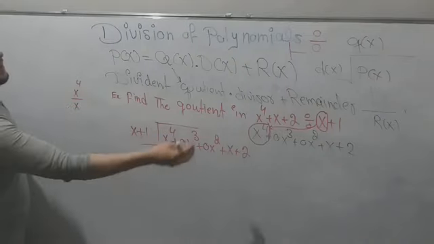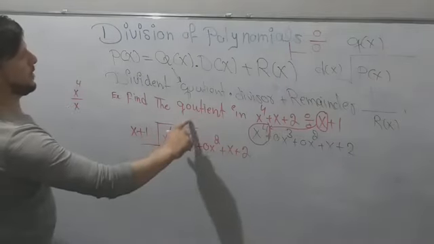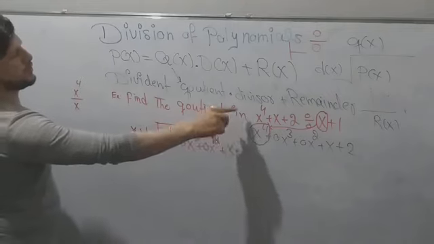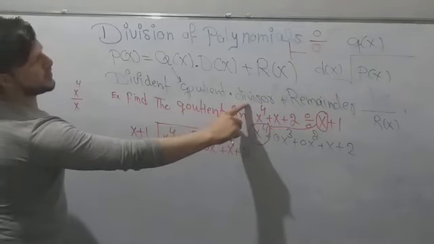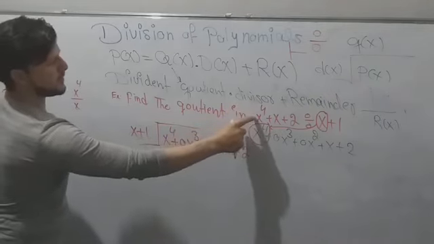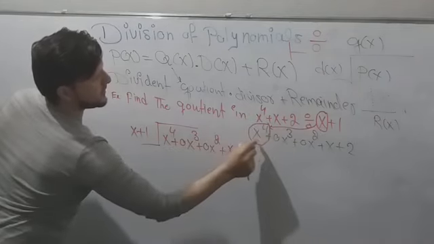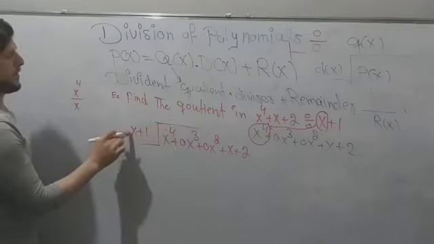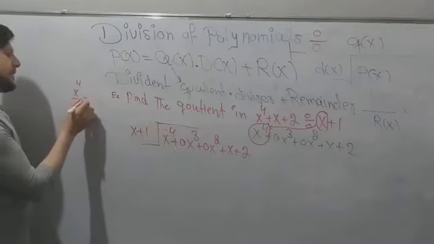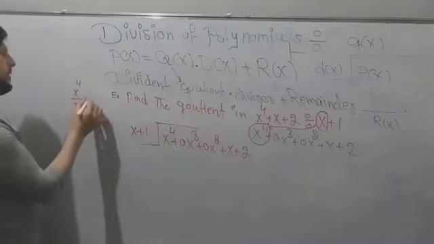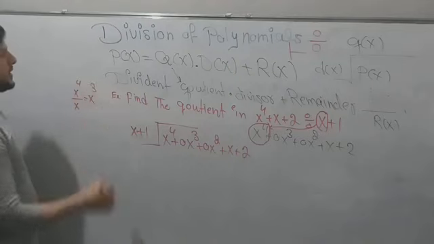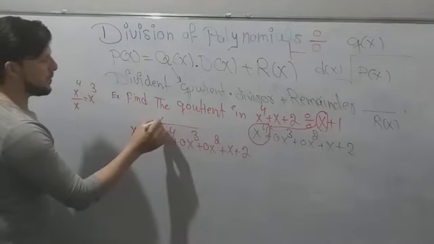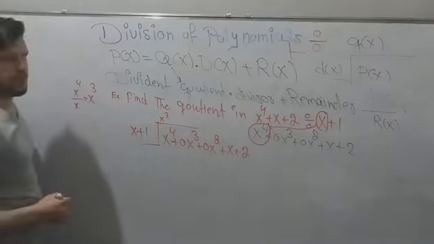The first term of the dividend you have to divide by the first term of the divisor. So x to the power of 4 divided by x, according to the power rule, will be x to the power of 3. So write x to the power of 3 here.